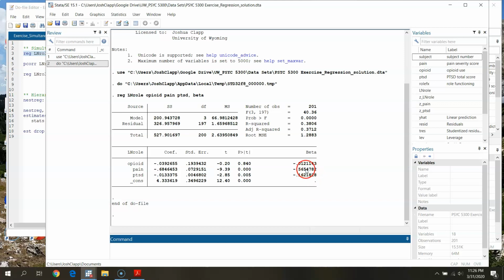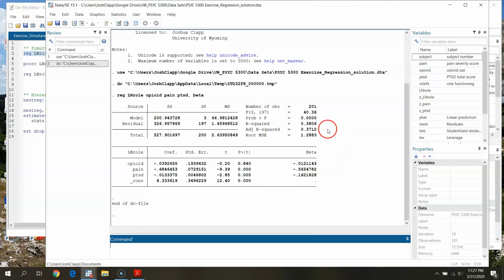So we're seeing a stronger magnitude of our standardized coefficient for pain as opposed to PTSD. And so what we conclude is that in general for this model, our pain variable is holding a relatively stronger influence on the natural log of role functioning relative to PTSD, although our model is giving us evidence for a unique effect of both of these variables.